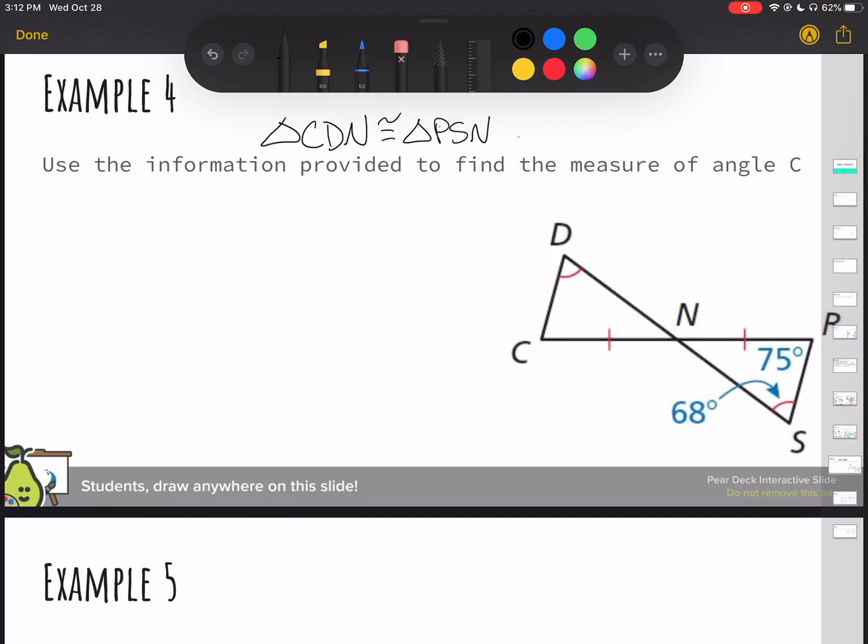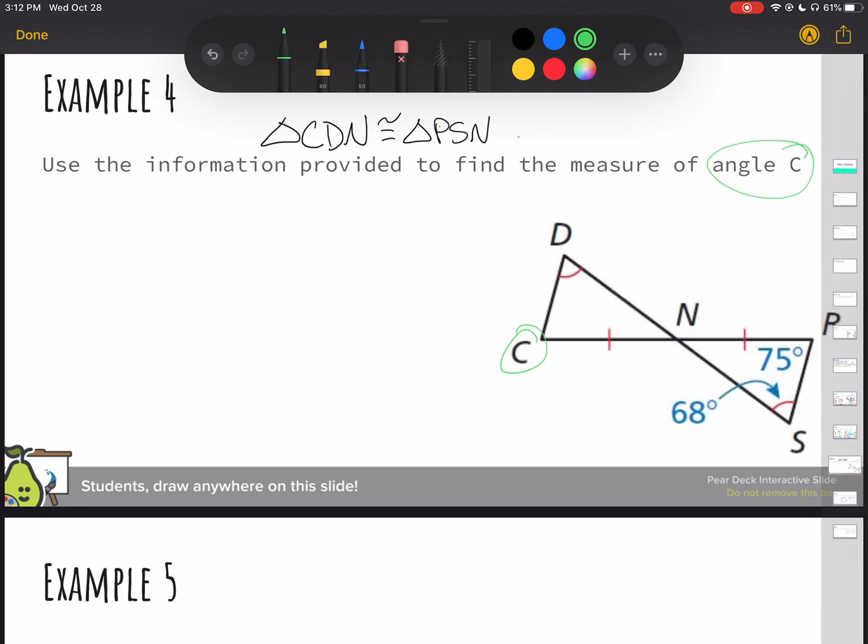We're being told that that's already true, and we want to use the diagram to solve for angle C right there. This is an easy version of a problem, in that there's not a whole lot we have to do other than identify which of these two angles, angle P or angle S, it is.